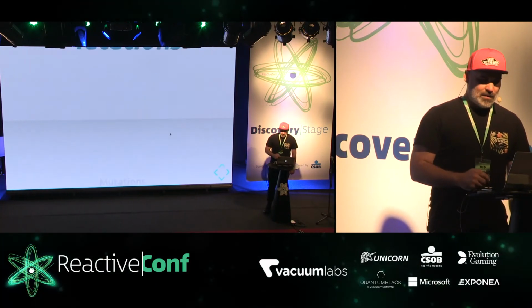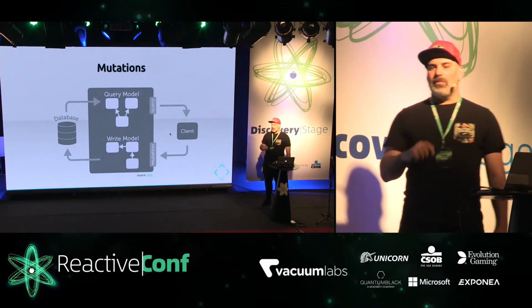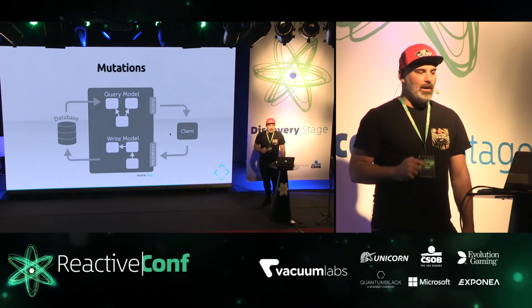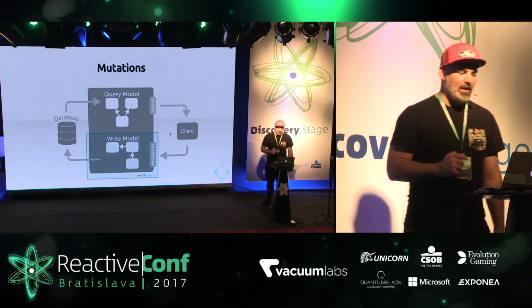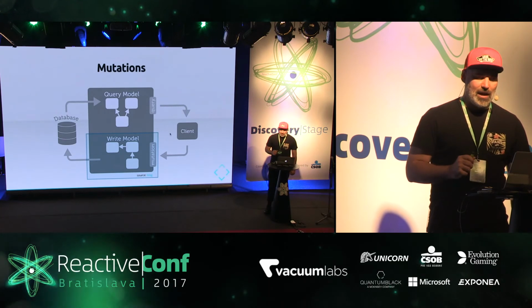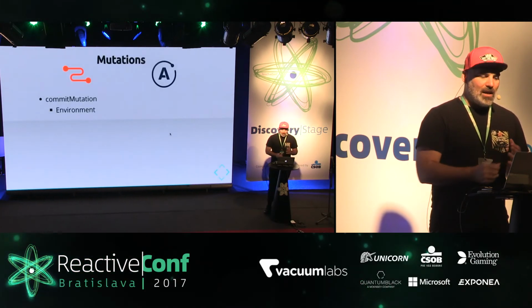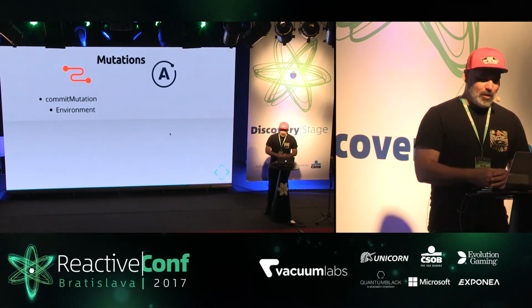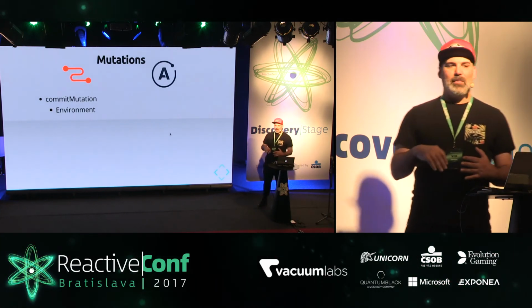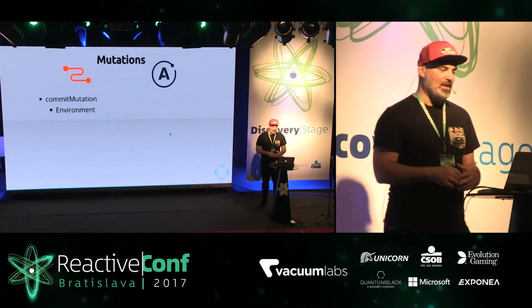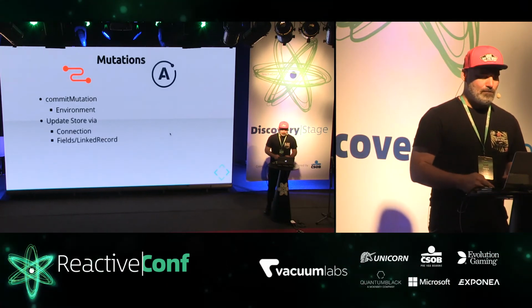For mutations. Mutations is the way how we modify our data model. And we are using this mutation API. In Relay Modern, we use what is called commit mutation, and we use this environment which sets the network and the store.